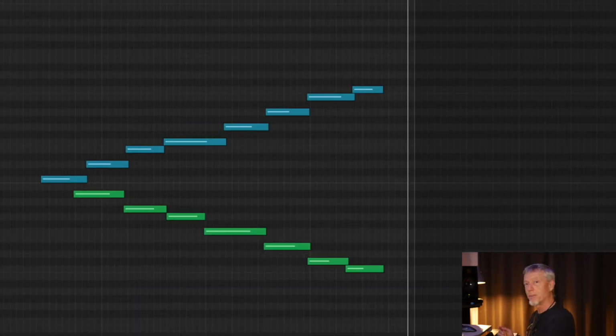I've basically just played an inversion of the major scale. I'll do it just live. Now, I don't know about you, but my ear hears that as a coherent idea, which is at the same time dissonant. Dissonant counterpoint.